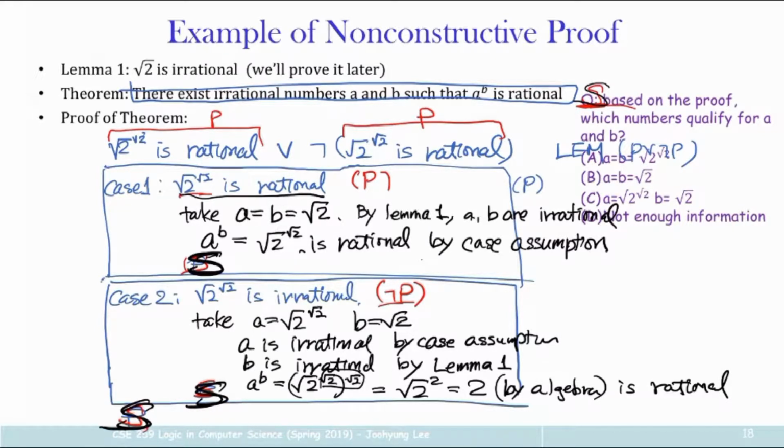Why? Because the statement was saying that there are these numbers A and B, but the proof did not construct which A and B qualify for this statement. We know there exist some numbers A and B that satisfy this theorem, but the proof did not establish them. A constructive proof, on the other hand, should establish what these numbers are.